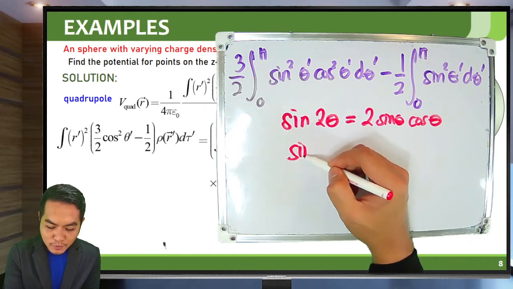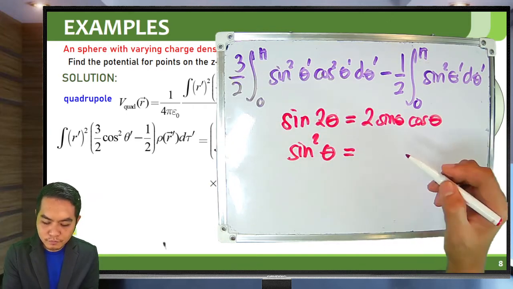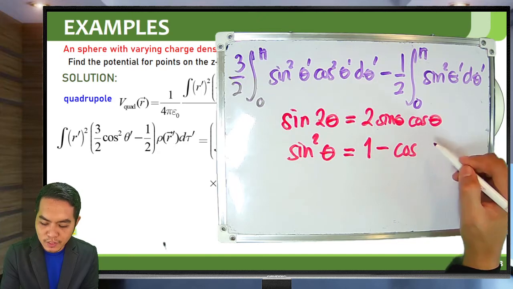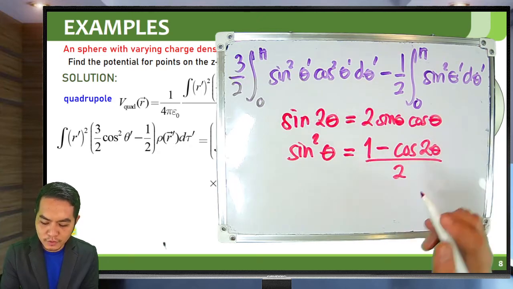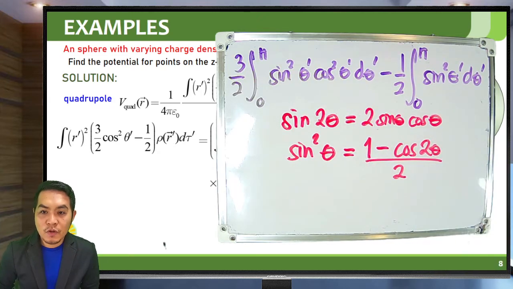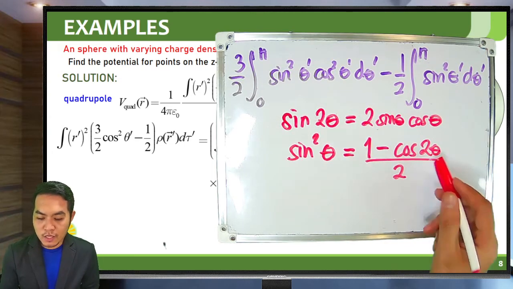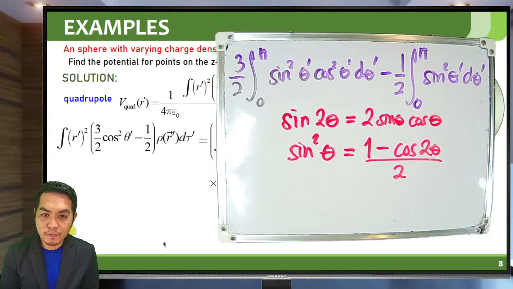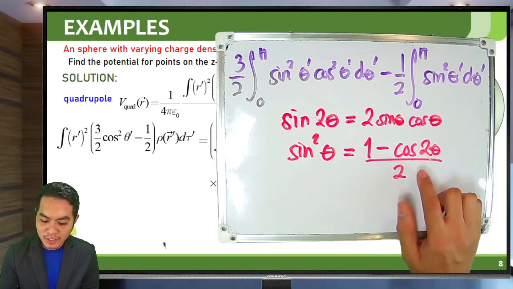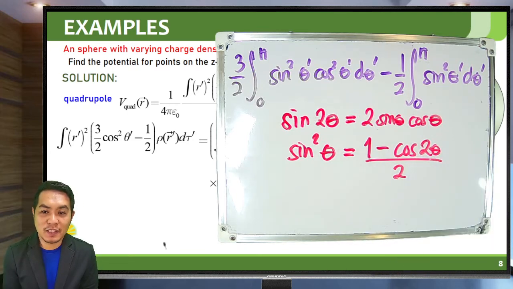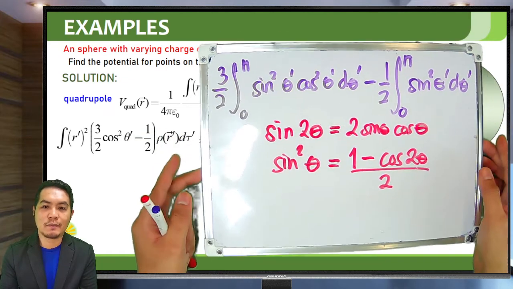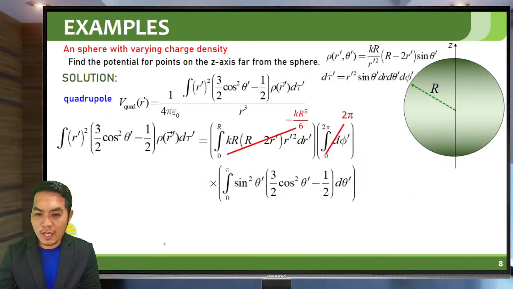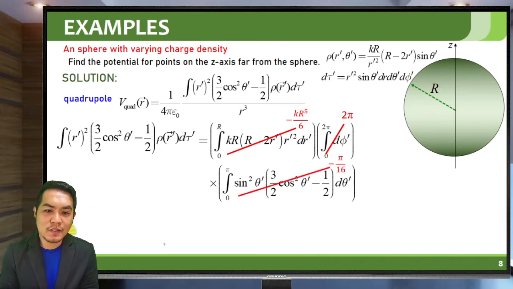And sine squared theta is just 1 minus cosine 2 theta over 2. So you will reduce your integrand here into functions of cosine theta. The integral of cosine theta d theta is sine theta.